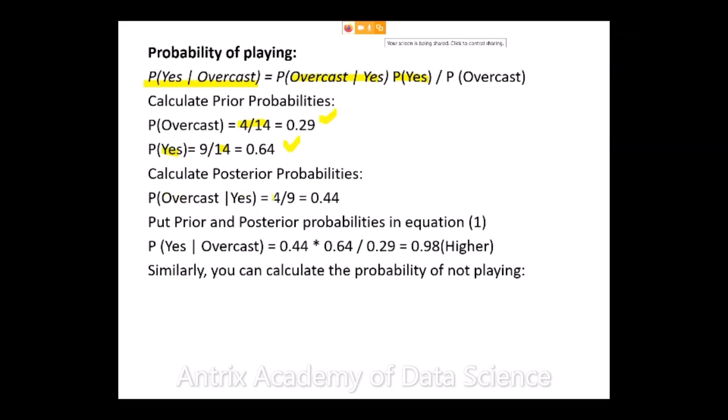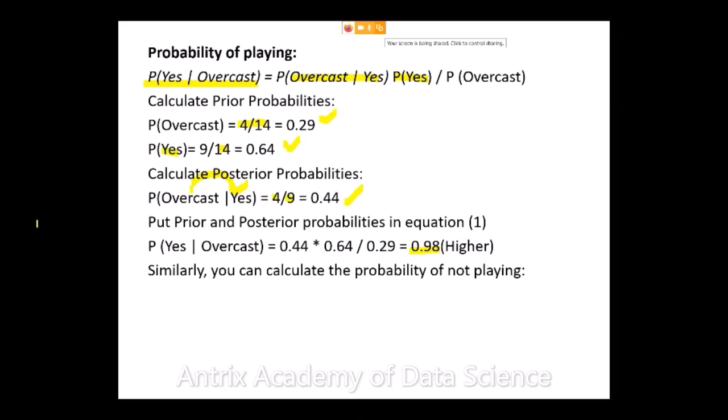Overcast is 4 and total yes is 9, so 4 by 9. Putting all the values in the formula, I get approximately 0.98, which is high, meaning there is a higher probability of playing in the case of overcast.